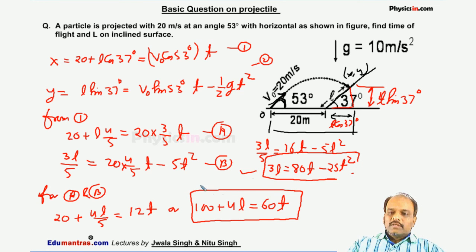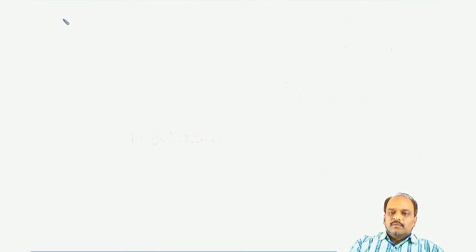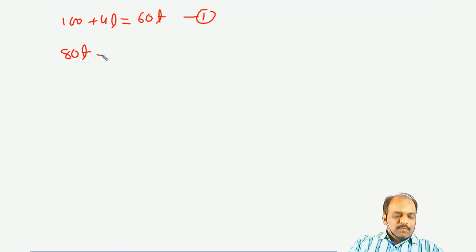From this expression, 100 plus 4L is equal to 60t, and 80t minus 25t square is equal to 3L.